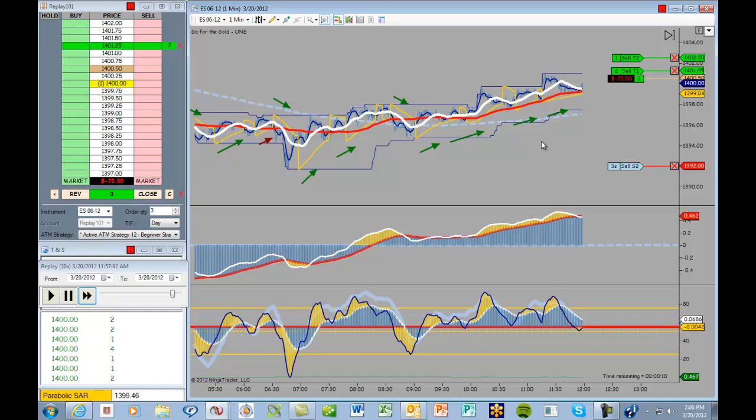Starting to turn up. It's going to take out that high in order to hit our target, though. I don't know if we're going to make it.